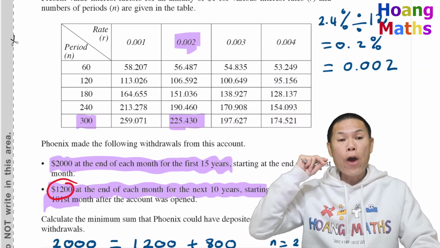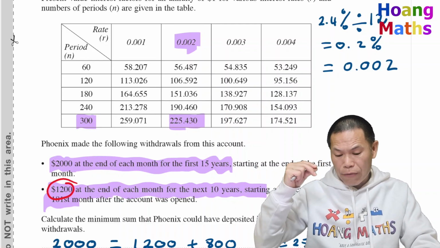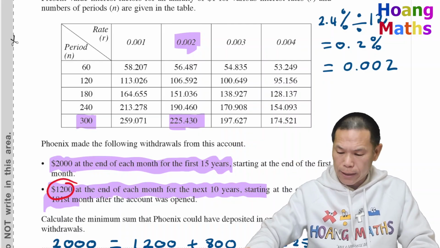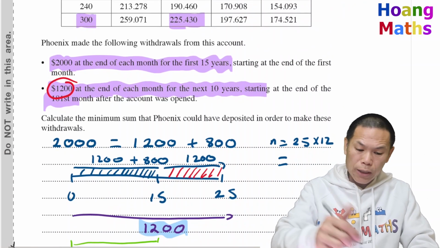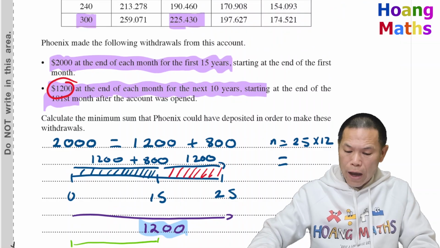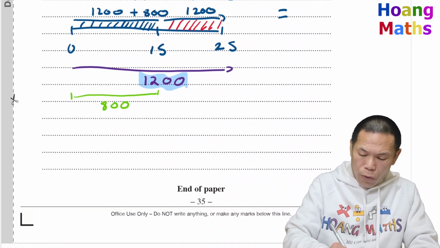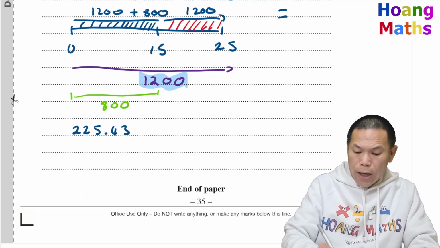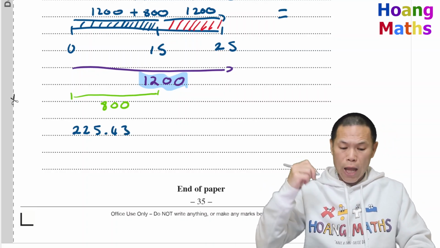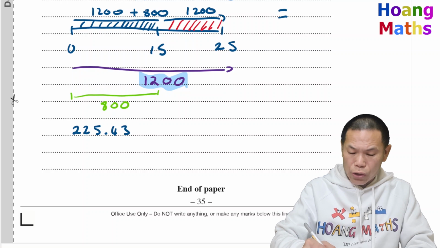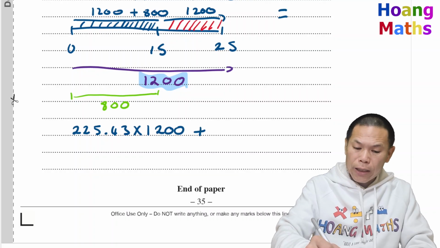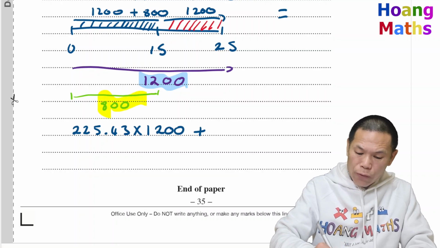So for an annuity of $1, the present value will be 225.43. That is for every dollar, but now it's $1,200, so we times 1,200. Then we add the annuity for $800.